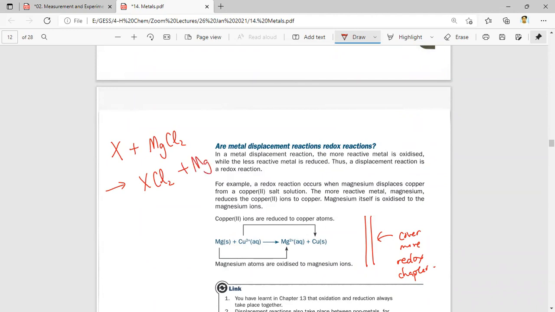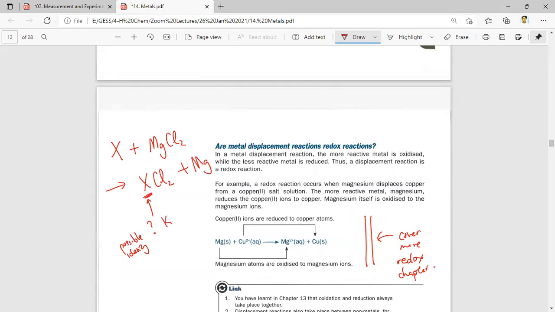The question is, after this, what could be the possible identity of X? You know that since X can displace magnesium, X should be a metal that is above magnesium in the reactivity series. So in your metal reactivity series, what are the possible answers?